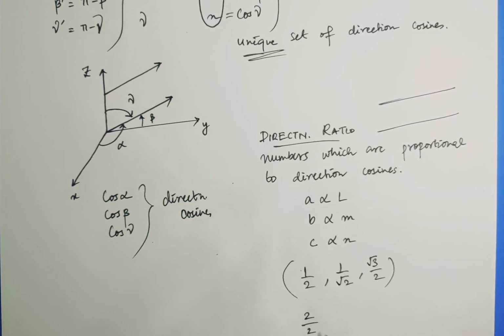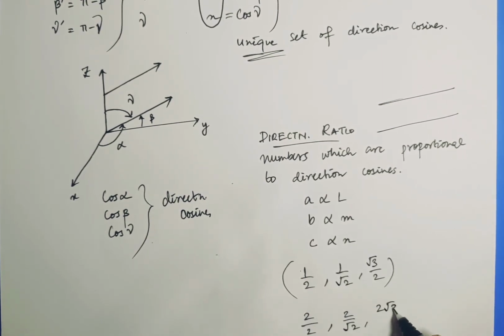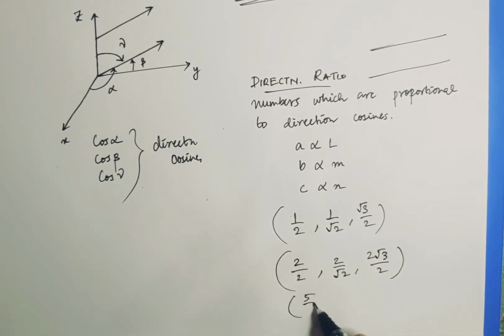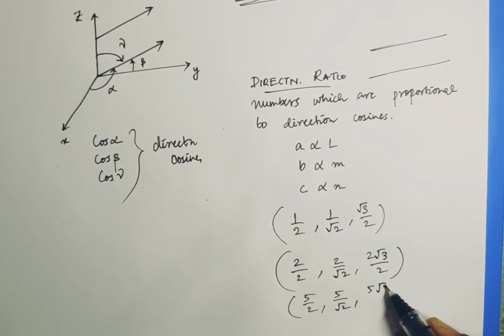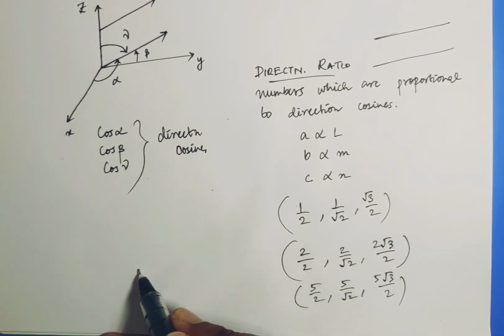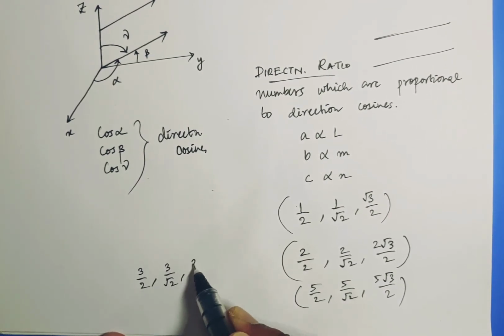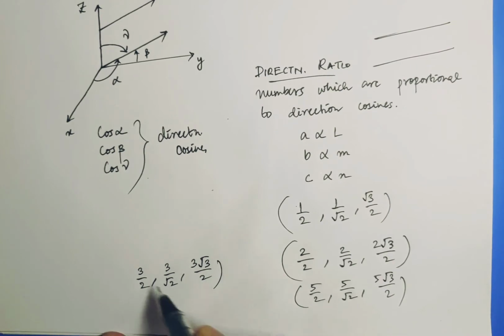Can I say 2 by 2, 2 by root 2, 2 root 3 by 2? This is one set of direction ratios. In the same way, 5 by 2, 5 by root 2, 5 root 3 by 2. This is another set of direction ratios. Now, we can go on like this: 3 by 2, 3 by root 2 and 3 root 3 by 2.